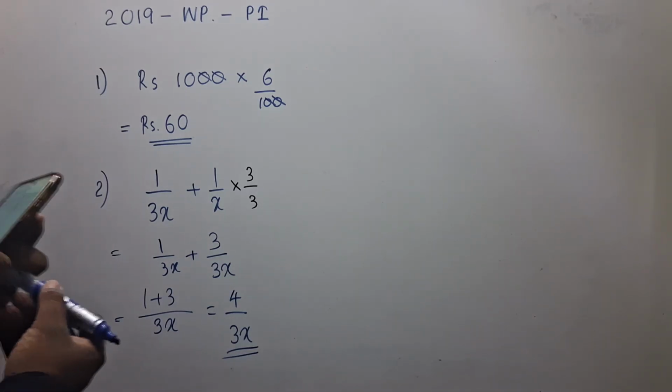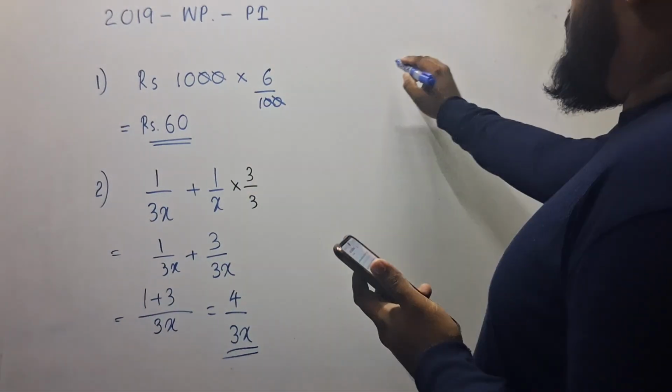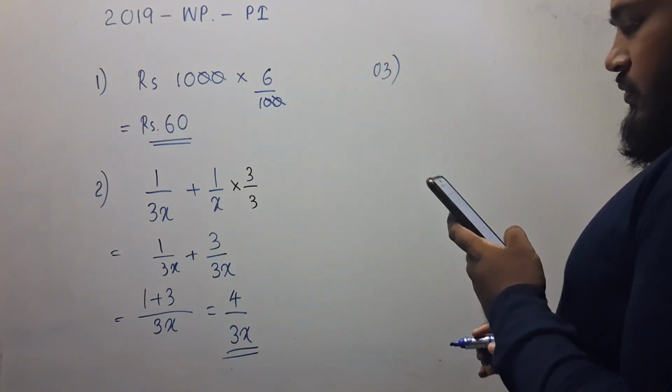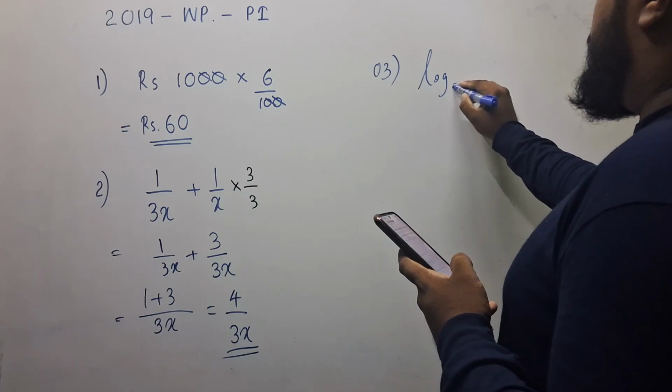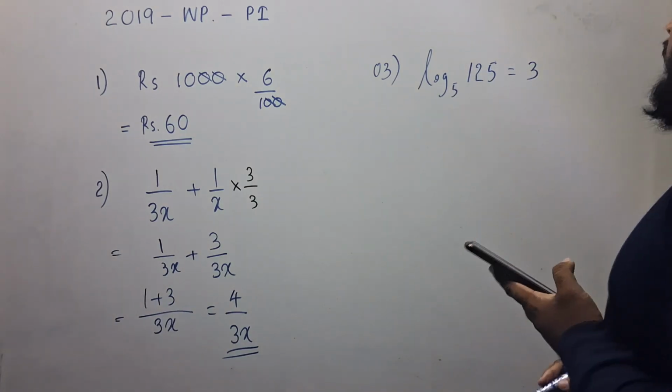Next question. Express in the index form: log base 5 of 125 is 3. It's easy.